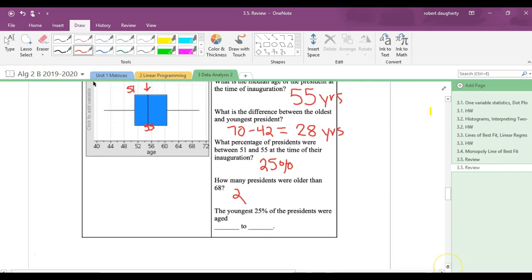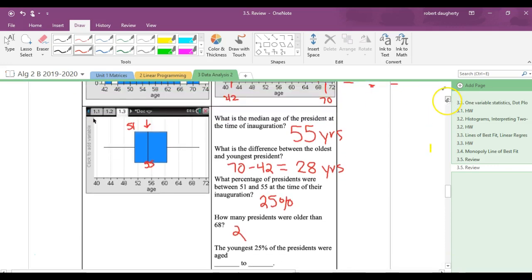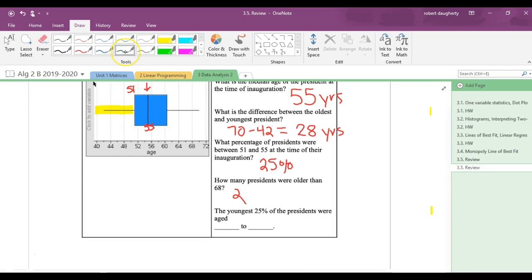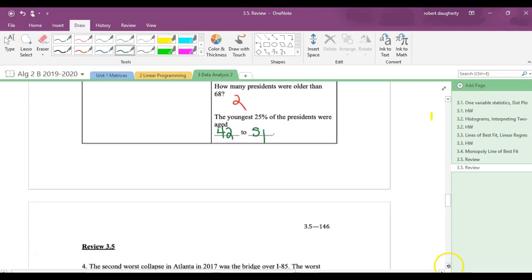And if I look at the youngest 25% of my presidents, that deals with this range right here. So that looks like that goes from 42 to 51, okay? So really, there's no calculation on the calculator on this one. You're reading data from a chart.